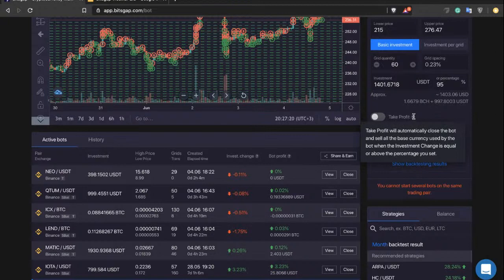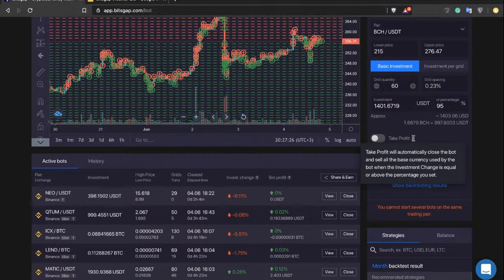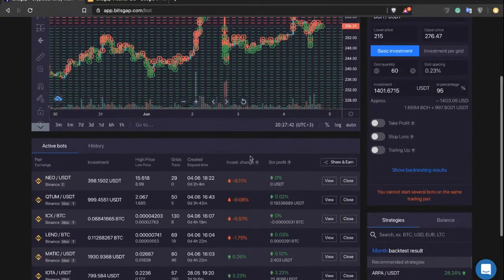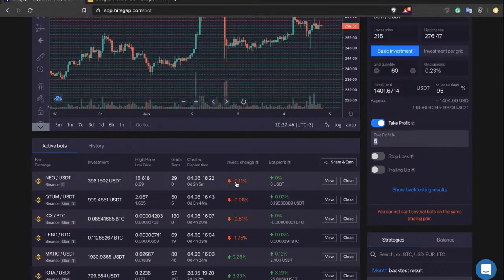You can always use our tips here to read more about it. It tells you that the take profit will automatically close the bot entirely and sell all of the base currency as soon as the investment change meets your conditions. So if you have 5%, then wait for the 5%. If you have 10%, then wait for 10% of the investment change.